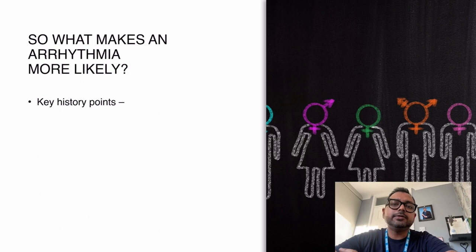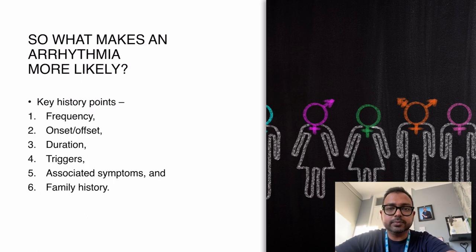So, what makes an arrhythmia more likely? Key history points. Frequency. If it is happening once in a week or once in a month, it could be. Onset and offset are likely abrupt, and duration may last a few seconds to a few minutes.